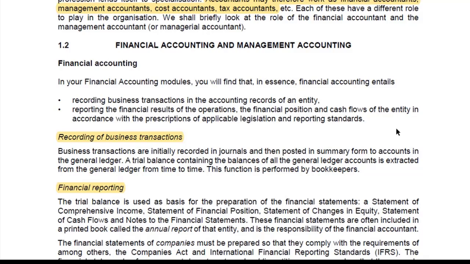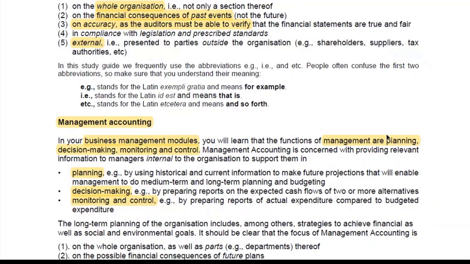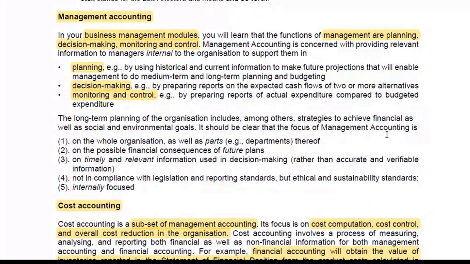So there are so many elements within management accounting, and there's a different type of hat that you need to wear when you're doing this subject. Okay. And it's very important that the thinking part is critical because it helps you to know how to answer questions, how to approach the questions, and how to structure them.